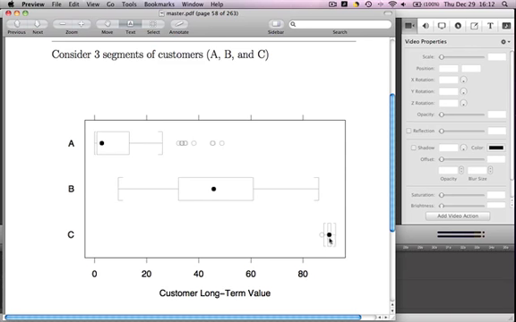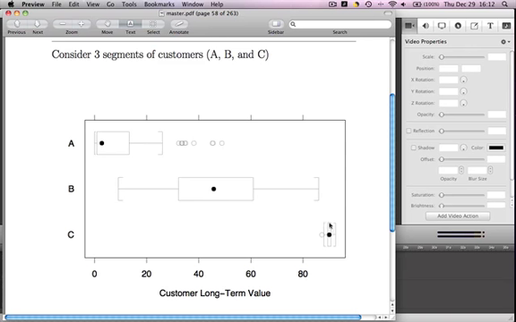It's a very small interquartile range relative to the others. The dot in the middle of the box shows the median, and what you'll see is that these customers are typically much better than those in the other segments. So this is a homogeneous group of customers with high value.